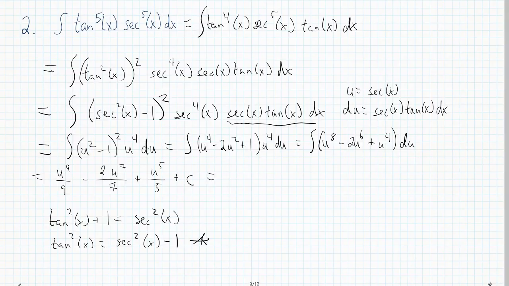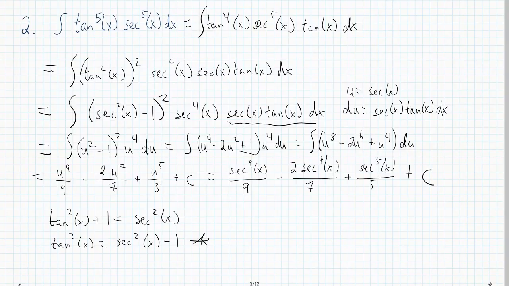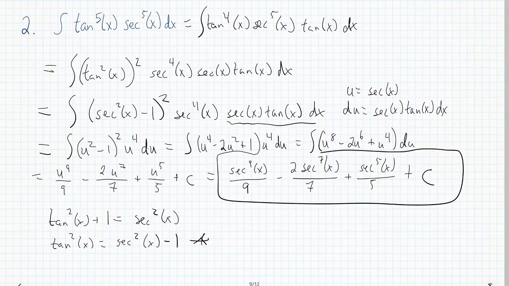And we know that u is secant x, so we're left with secant to the ninth of x over 9 minus 2 secant to the seventh of x over 7 plus secant to the fifth of x over 5, and then plus some constant c. And that's our final answer.